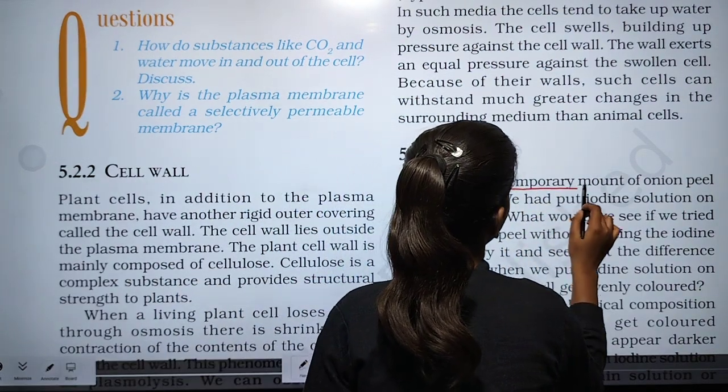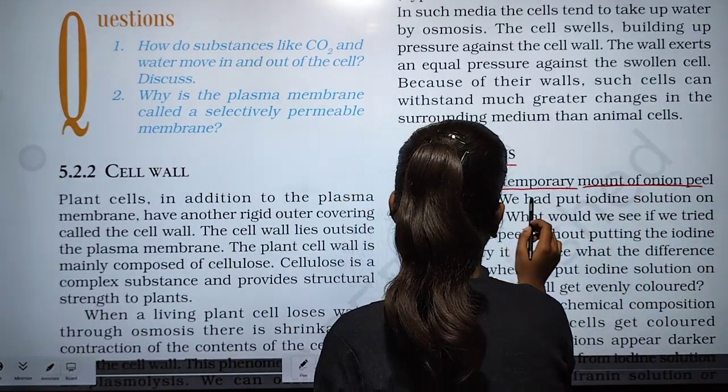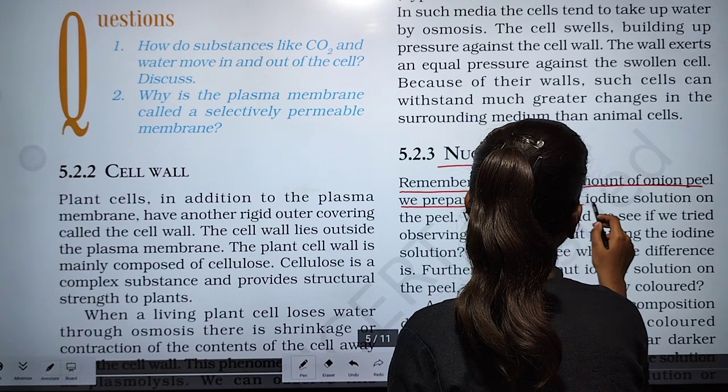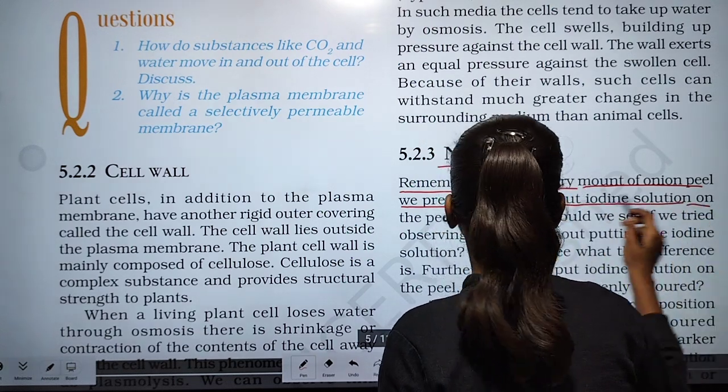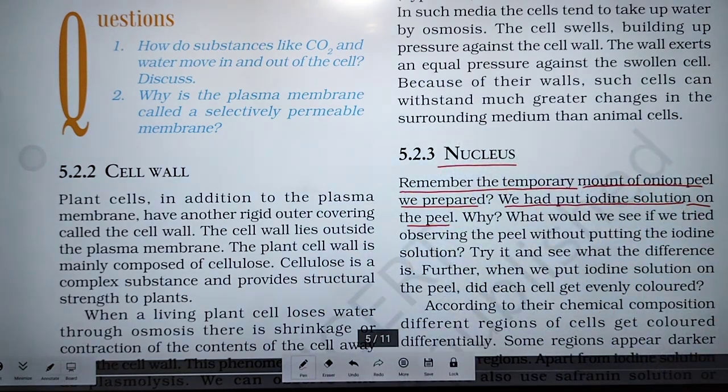Remember the temporary mount of onion peel we prepared. We had put iodine solution on the peel.